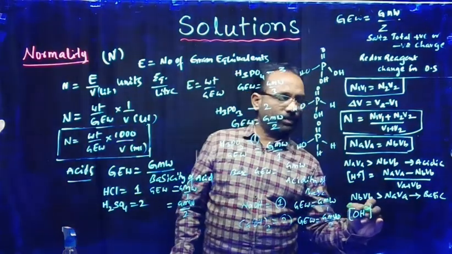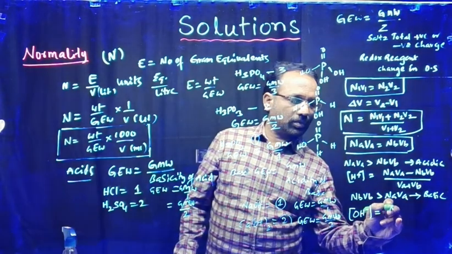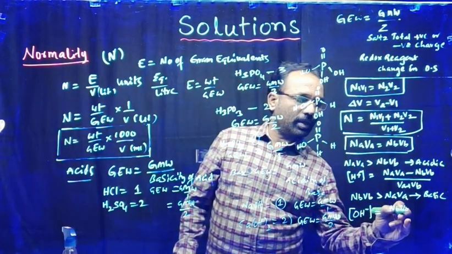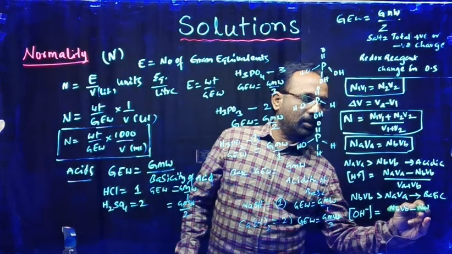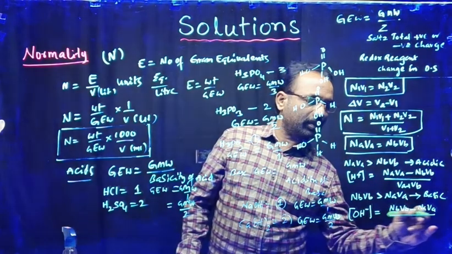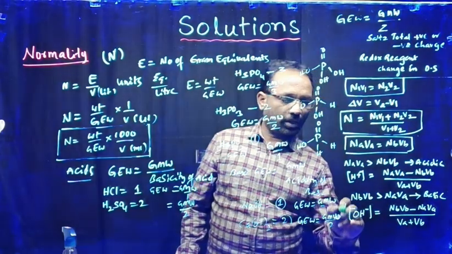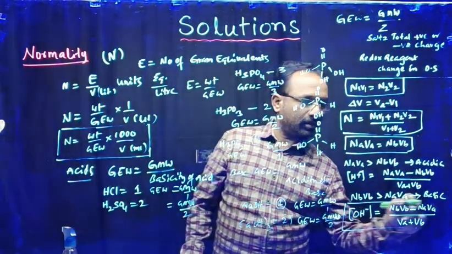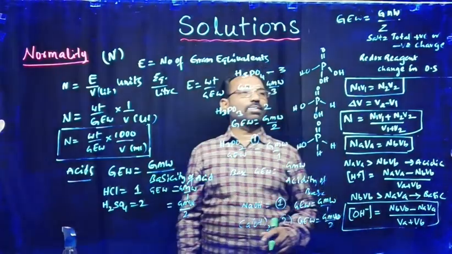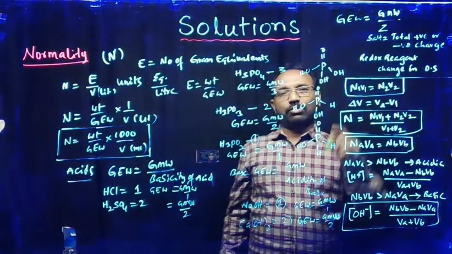Therefore, OH minus ion concentration equals NBVB minus NAVA by VA plus VB. So everyone should remember these three relations.